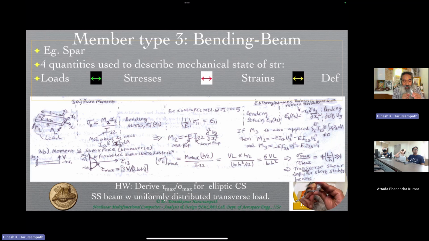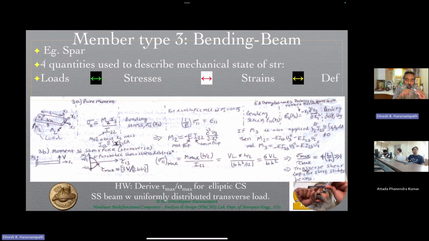On the other hand, for x3 negative, all the way down to negative h by 2, if the datum is defined at the mid plane of the top and bottom surfaces, then that creates a tension, and therefore your sigma 11 would be positive.